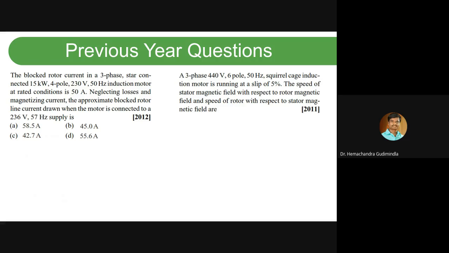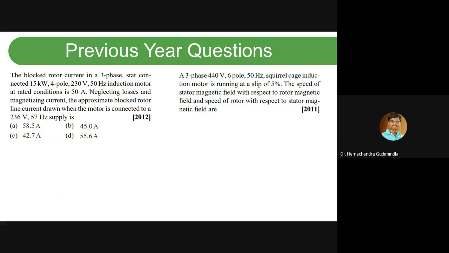A three-phase 440 volts squirrel cage induction motor is running at a slip of 5%. Find the speed of the stator magnetic field with respect to the rotor magnetic field, and the speed of the rotor with respect to the stator magnetic field.